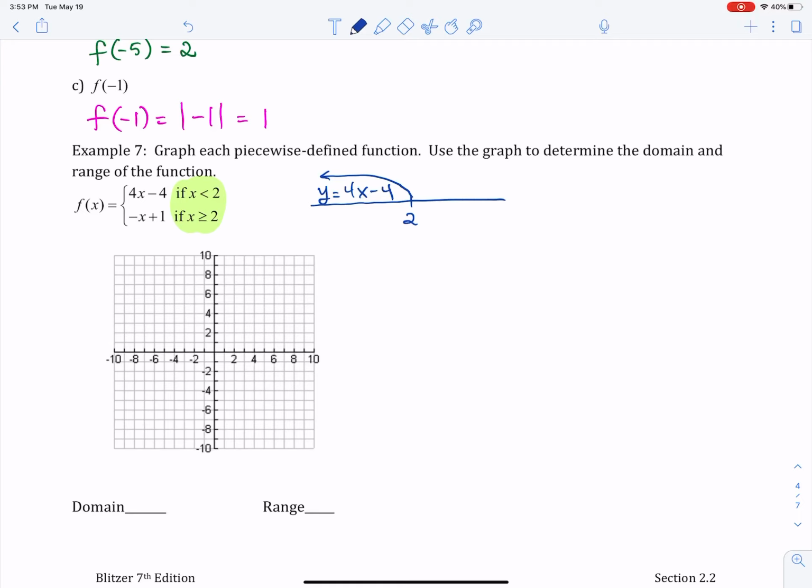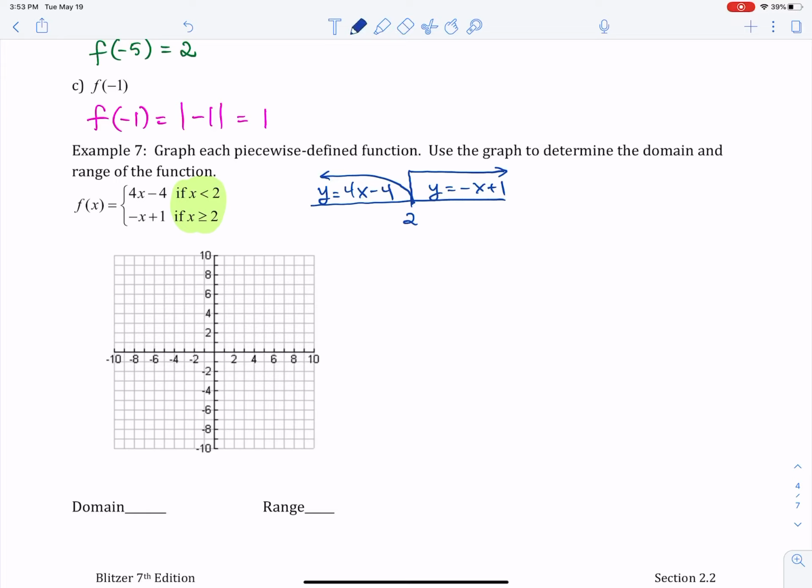After 2, and x equal to 2, we're going to graph y is equal to -x plus 1. So we have 2 graphs to graph, and they would meet somewhere at 2. One of them is going to be graphed up to 2, and the next one is going to be graphed past 2.